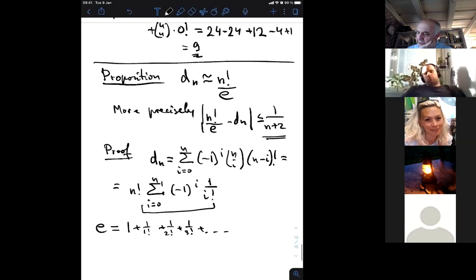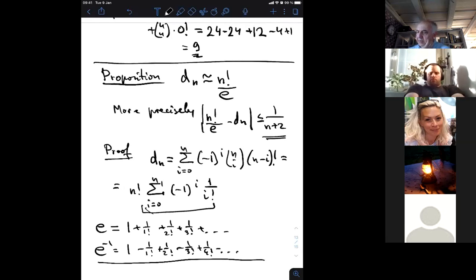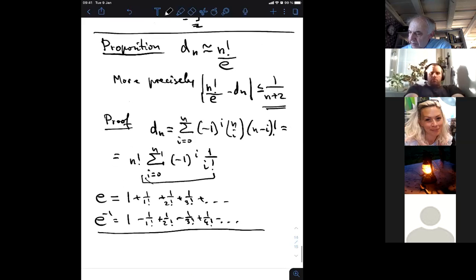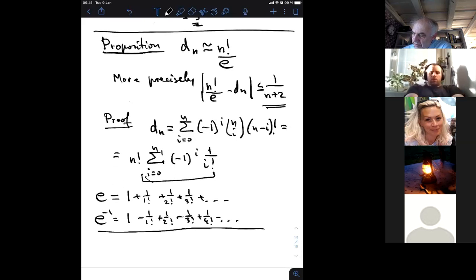And if we take e inverse, this would be almost the same formula, but with alternating signs. So what we see here is this expansion for 1 over e truncated at the i-th term.